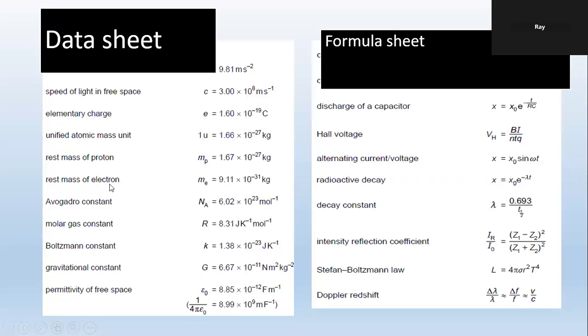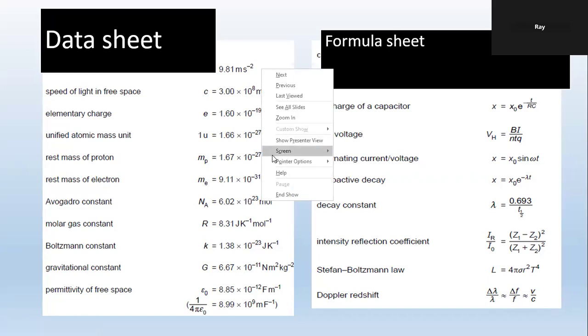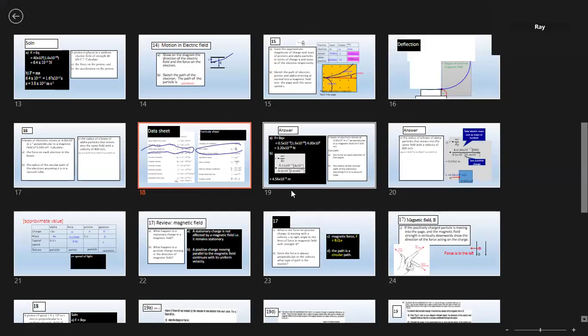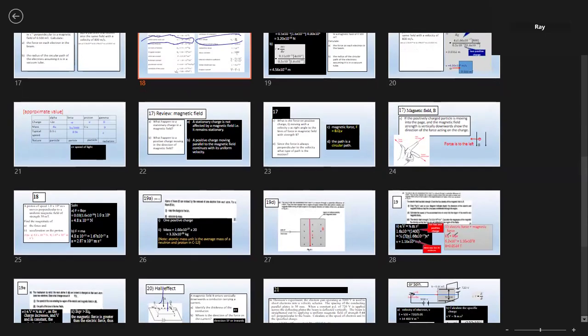Avogadro's constant is used in the ideal gas chapter. The Avogadro constant is 6.02 times 10 to the power 23 per mole. Get used to knowing where to find your answer.